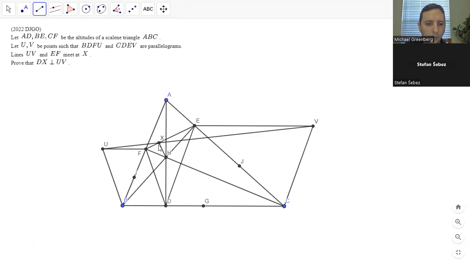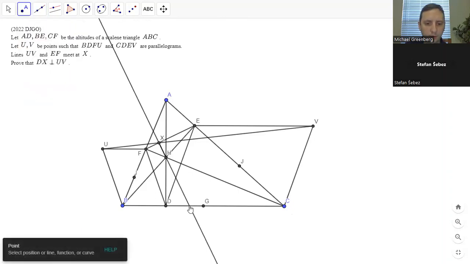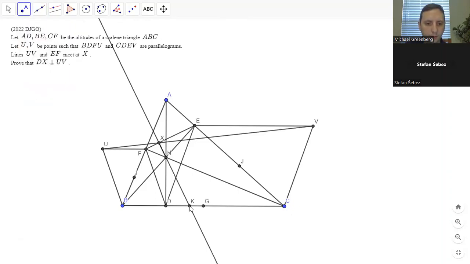So maybe it's just similar triangles. So BD over DC. Maybe if I let XH meet it at this point, maybe. No, I don't think that does much.